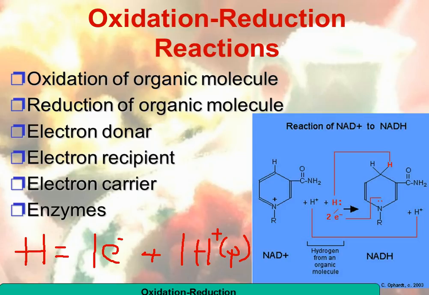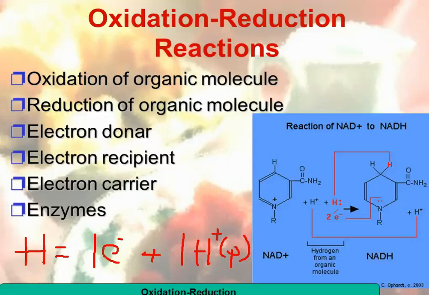Remember, hydrogen has an atomic number of 1. It has 1 proton in the nucleus. It has no neutrons. It has 1 electron in its orbit. That's it. So there's the sum total of hydrogen.